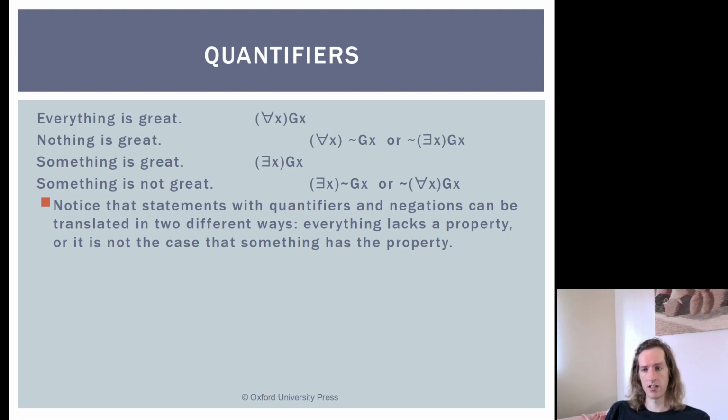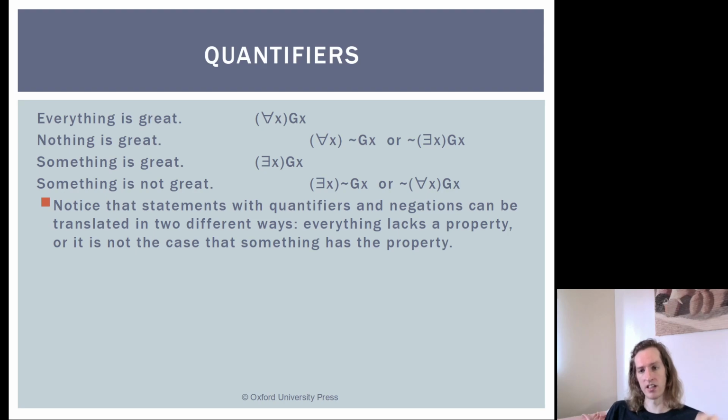Nothing is great can be expressed either in a universal way, where I say for all x's, it is not the case that gx, or for anything that we take, it is not the case that it is great. Or, the second way of expressing it is: it is not the case that there is at least one thing that is great.